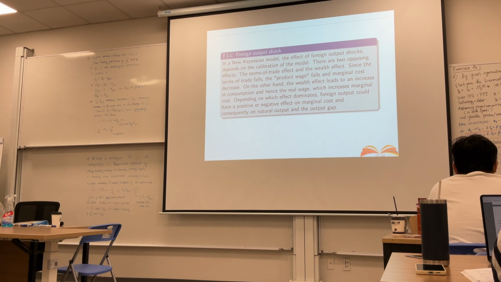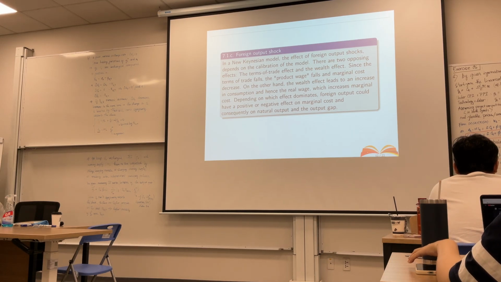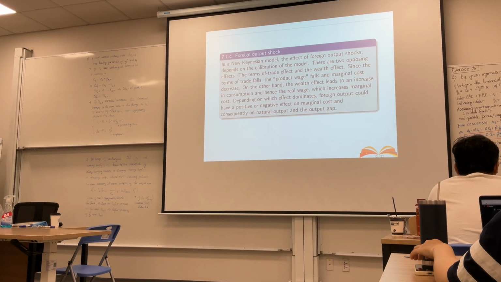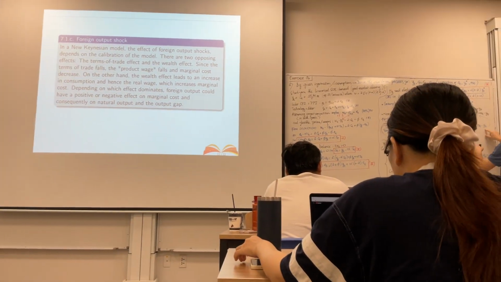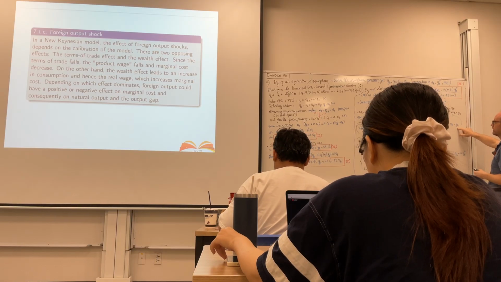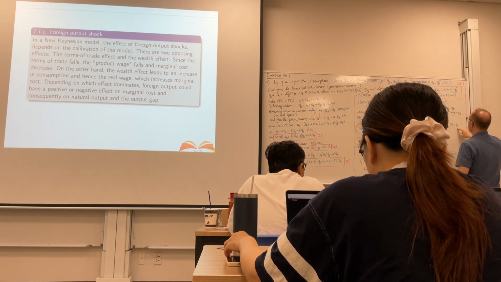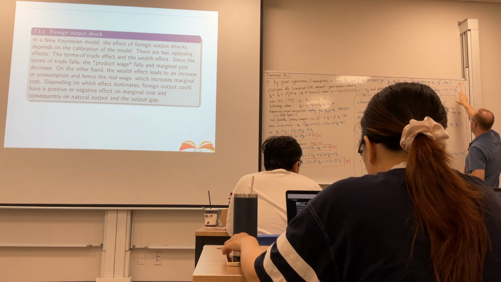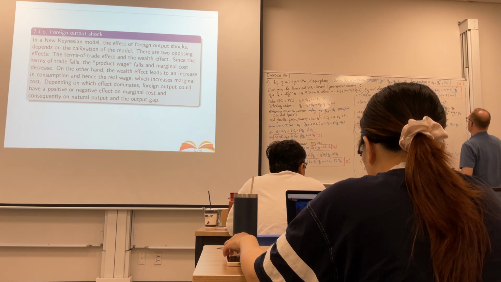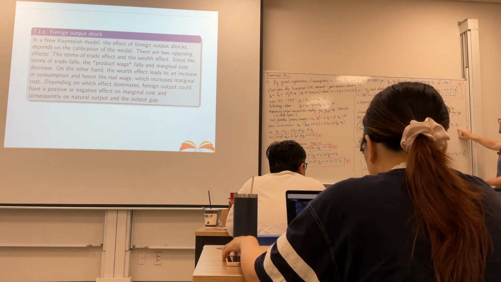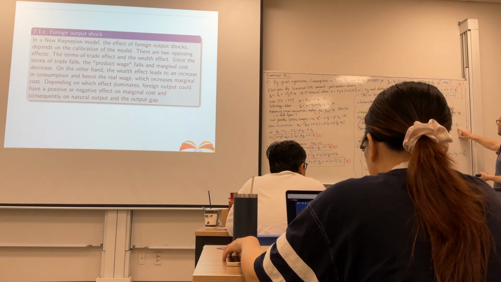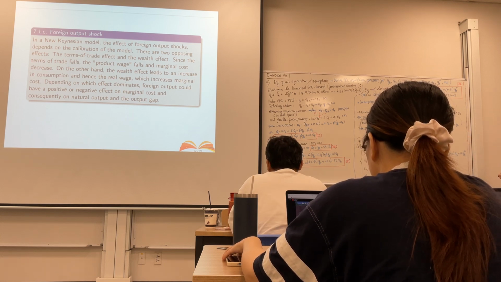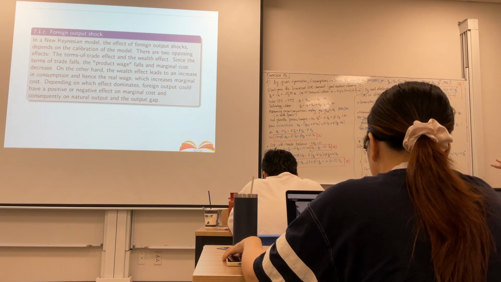So here you have this. If we have a drop in foreign production, and we have sigma greater than 1, this means we're going to have an increase in domestic production, which is going to tend to push up our producer price.